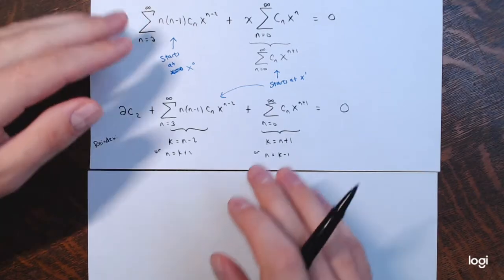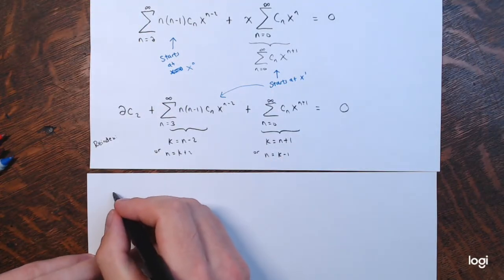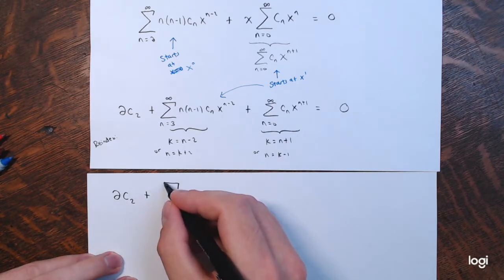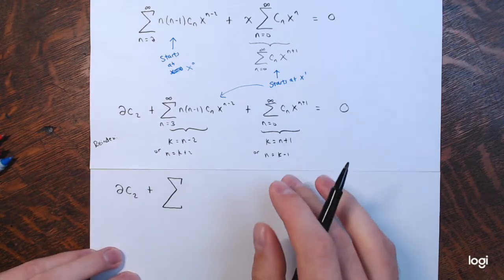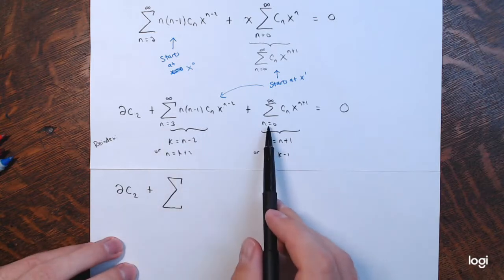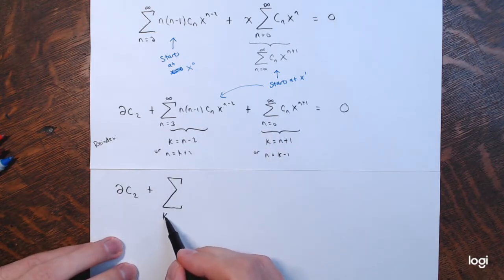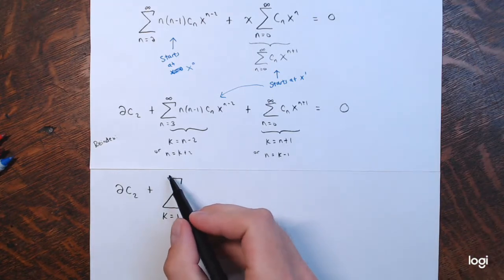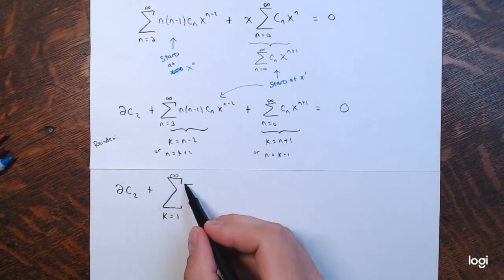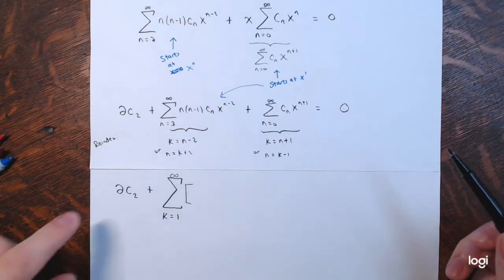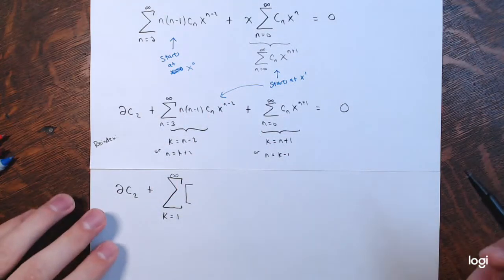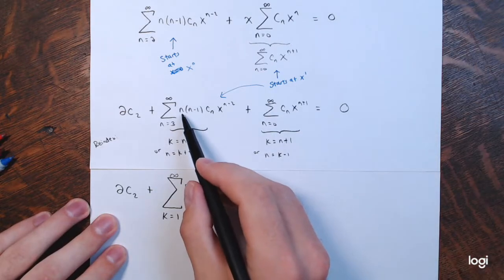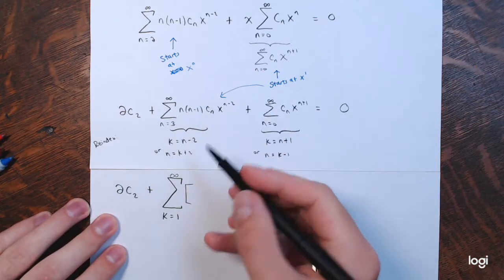So I'm going to skip ahead to where I combine them. This will be 2c2 plus, and then the single sum, where both of these will start at k equals 1. From k equals 1 to infinity of, and then both of these will have x to the kth power, and I'm combining the terms. So here we'd have k plus 2 times k plus 1.